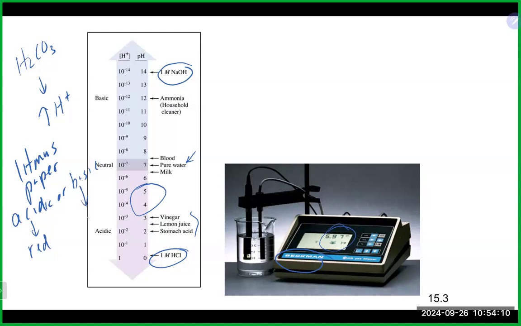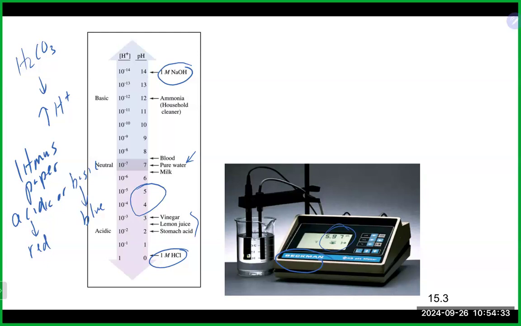And if it turns blue, it's basic. So if you put a solution on red litmus paper and it goes from red to blue, it will be basic. And if you use blue litmus paper and it goes from blue to red, it is acidic. Obviously, if it stays blue or stays red, then it's basic or acidic, depending on which one it is.